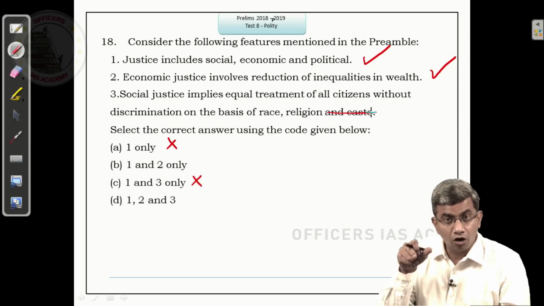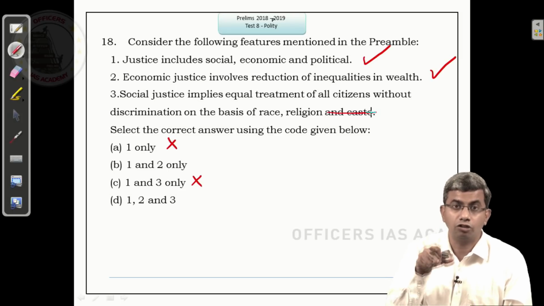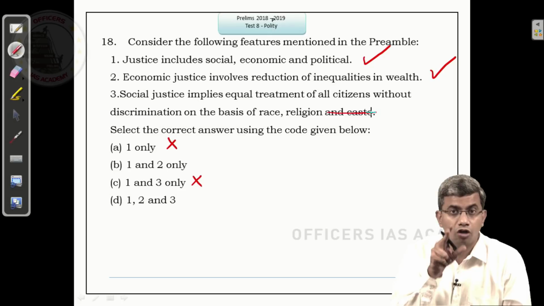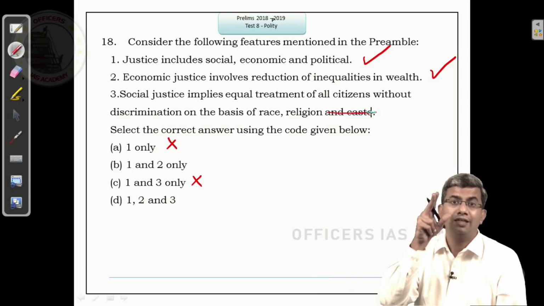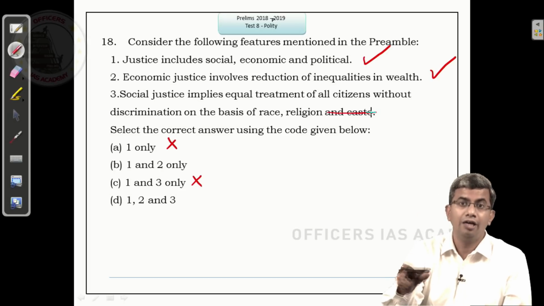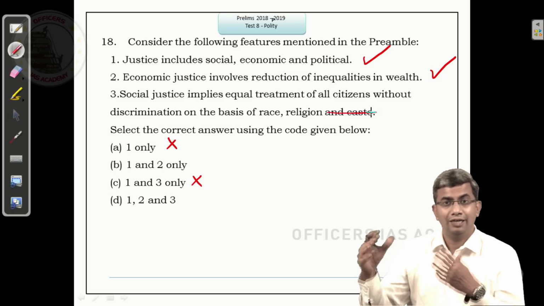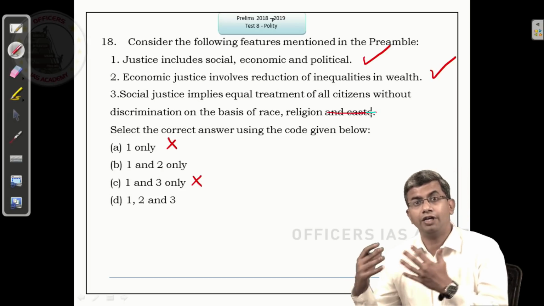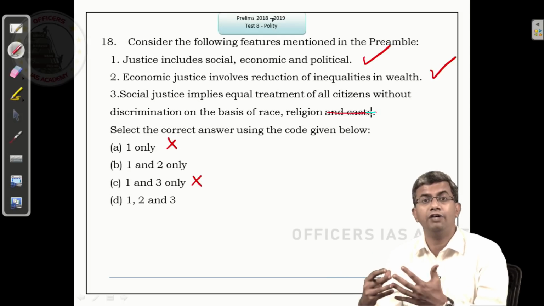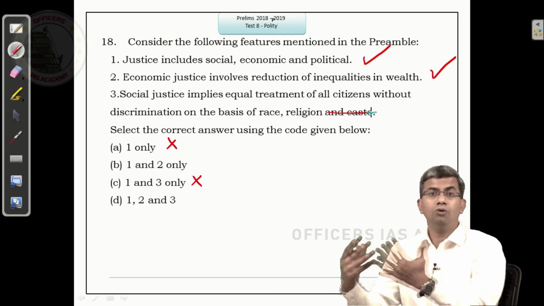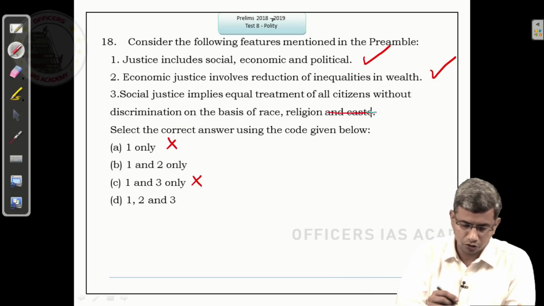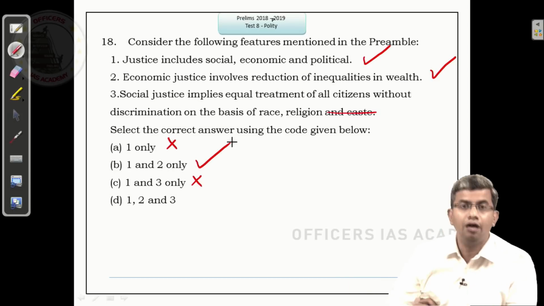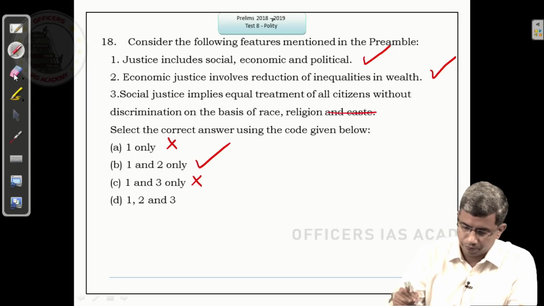But even if it does not have the word caste, the third statement is wrong, because social justice is not treating people without discrimination on the basis of race, religion, color, etc. That is political justice, that is equality. Social justice implies ensuring that we create a welfare society by giving some affirmative action to the underprivileged castes and the underprivileged classes of the society. So the correct answer here is B, 1 and 2 only.